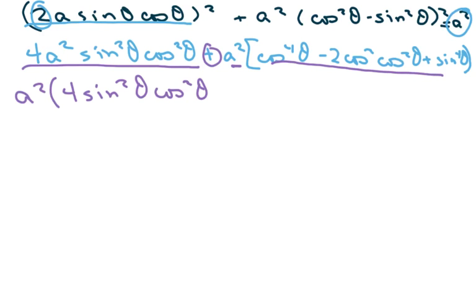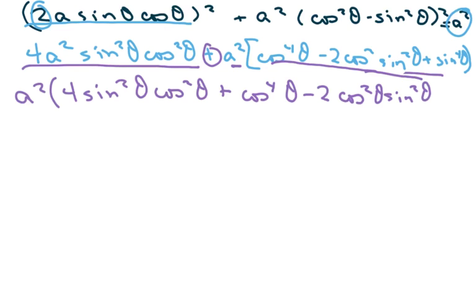So it's going to be plus cosine to the 4th theta minus 2 cosine squared of theta. I see my mistake here. This should be sine. You probably already noticed that. Alright. So we have sine squared of theta plus sine to the 4th theta.